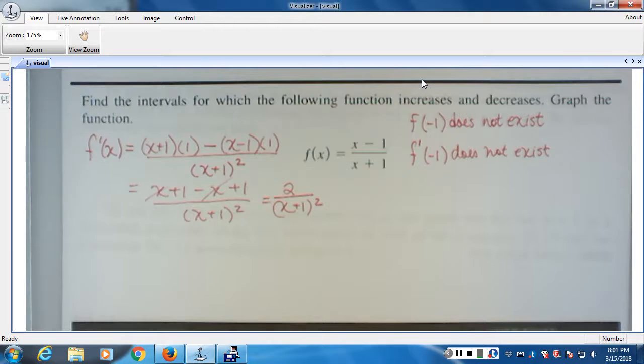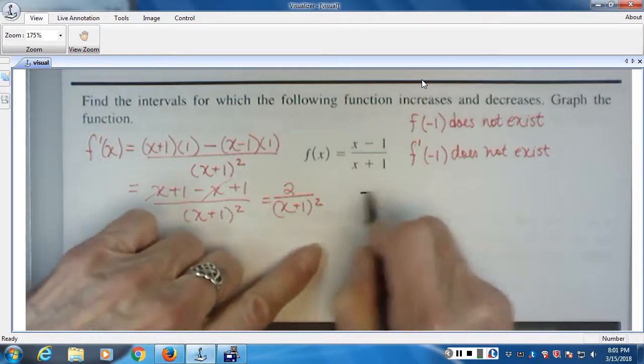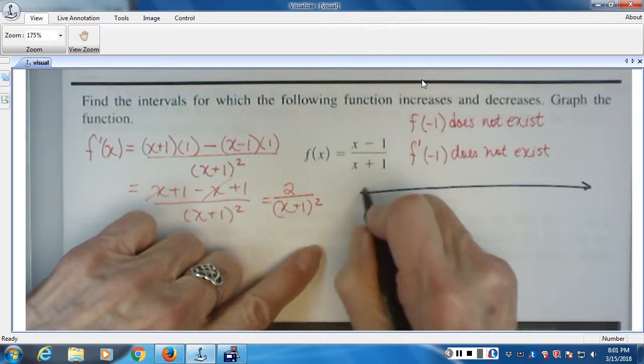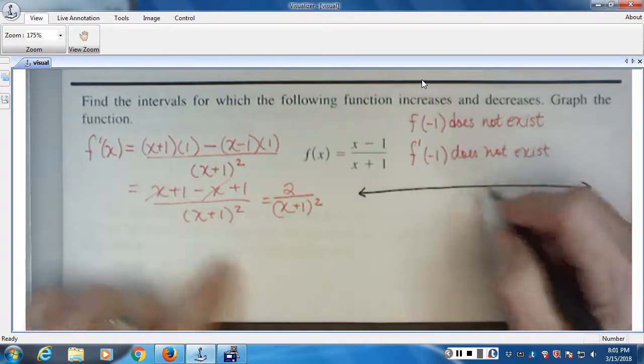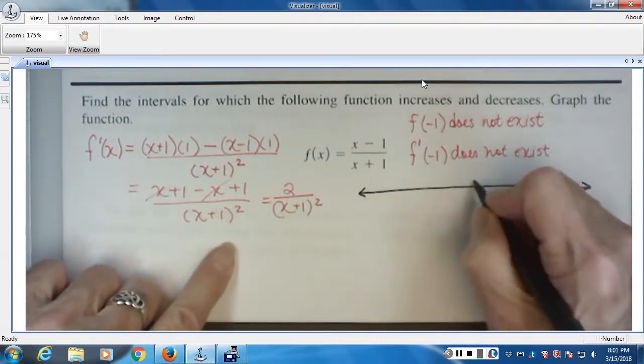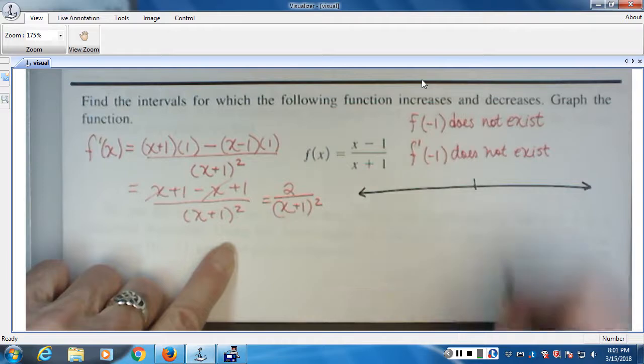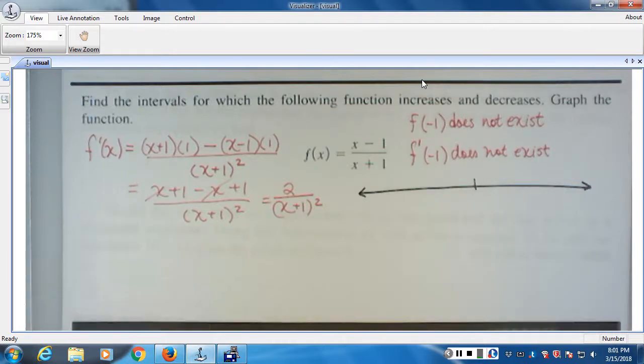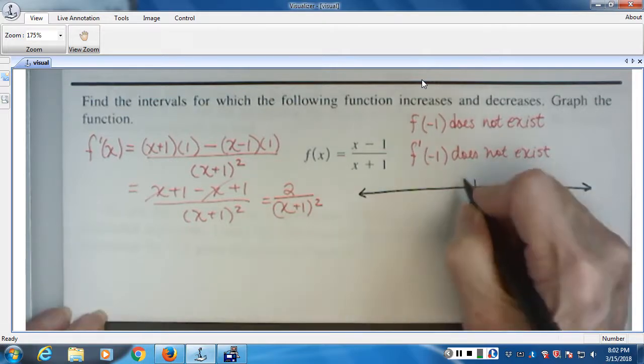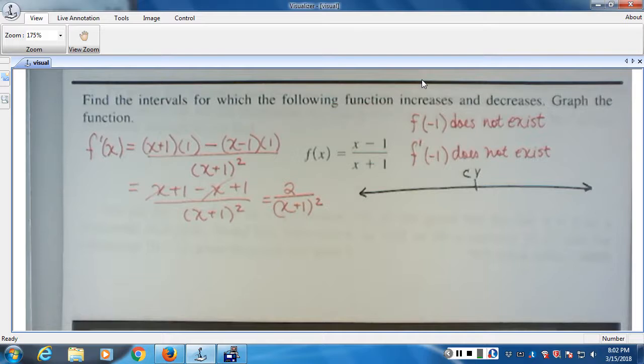But it's still a critical number. So we're still going to do the same thing we normally would do. We need to set 2 over x plus 1 squared equal to 0 to find our critical value. Okay?